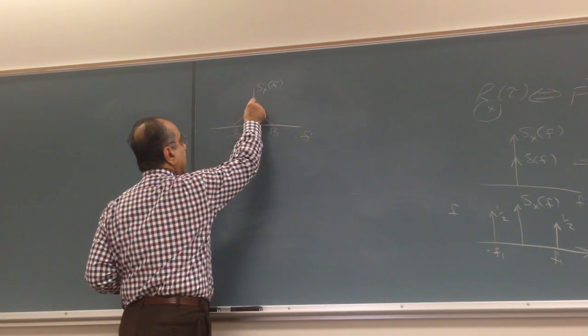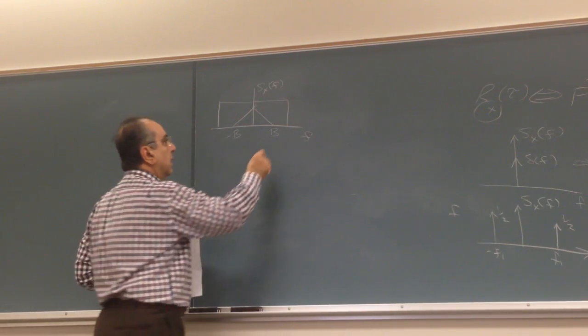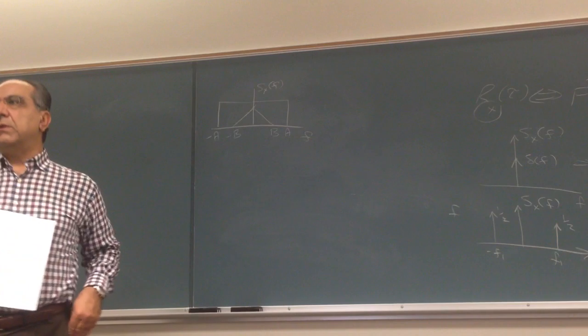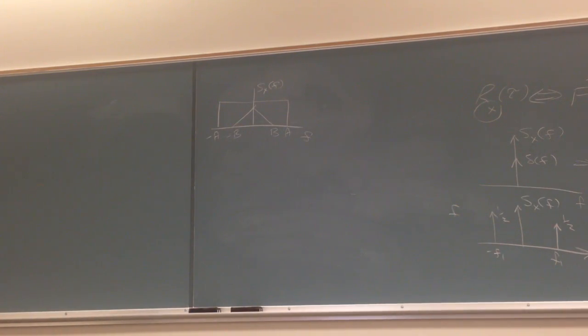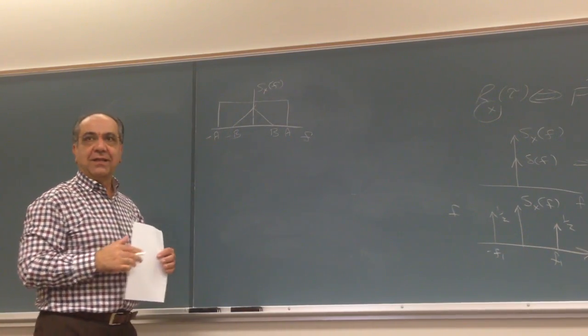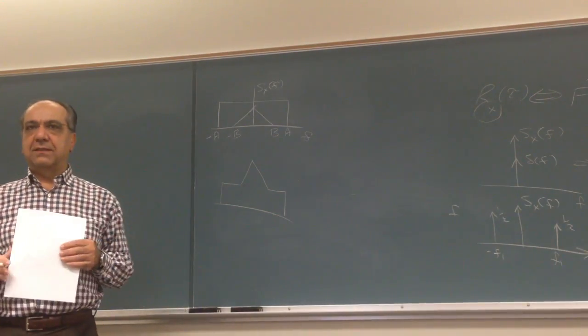Now let's say you have a signal with this kind of power spectral density. What would be the Nyquist rate? 2A? Just trying to test it. Because the overall power spectral density would be this guy plus this guy, right? And when you add them up, it looks like something like this.